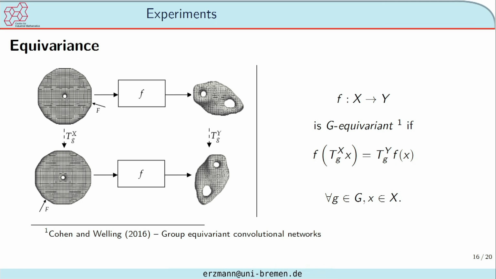It means that if you rotate the input, like if here you have a force from the right, and then you rotate this by 90 degrees and you get a force from the bottom left, then you would expect a physically correct equivariant model, if you apply it to this one, to give you this solution, and if you rotate the input, you would expect that the output rotates too, accordingly. So that's what equivariance means in this setting.